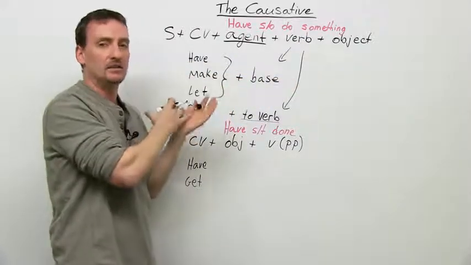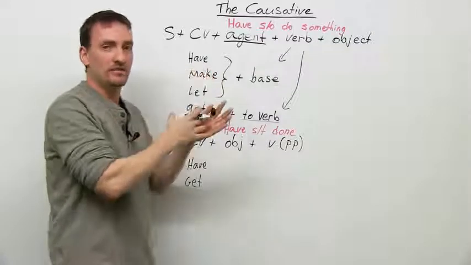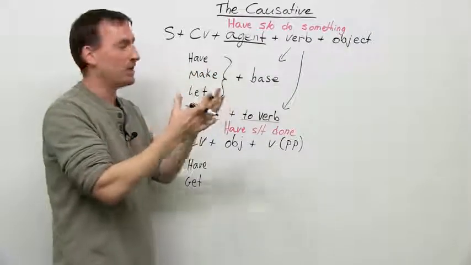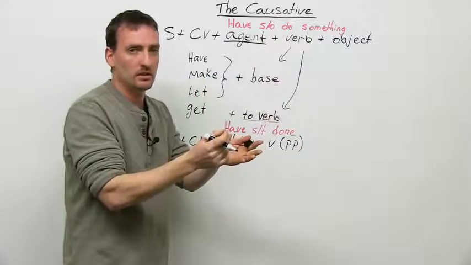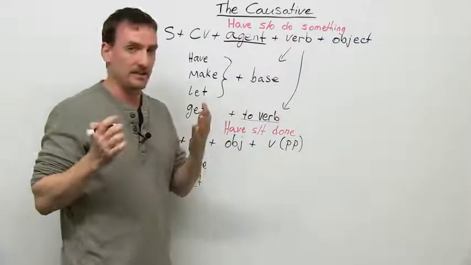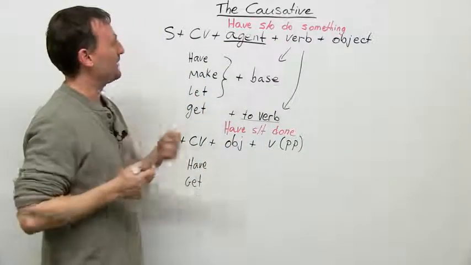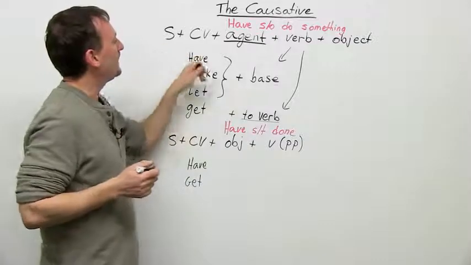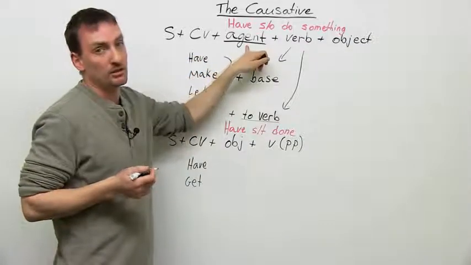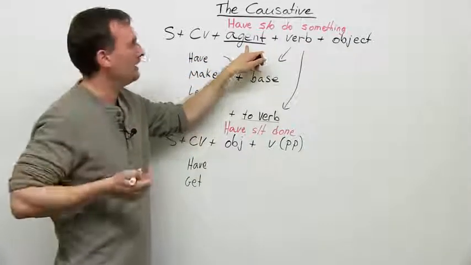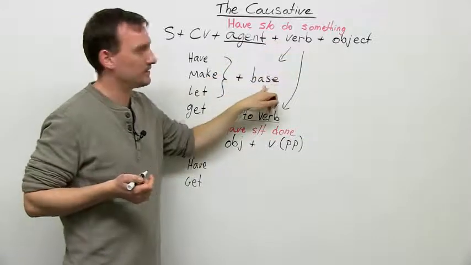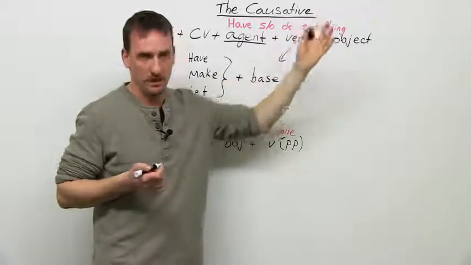I had someone, I have, or I am having someone, I will have someone cut my hair. For example, I need a haircut actually, now that I think about it. So, I had the barber, in this case cutting hair, cut, base, my hair, object, okay?